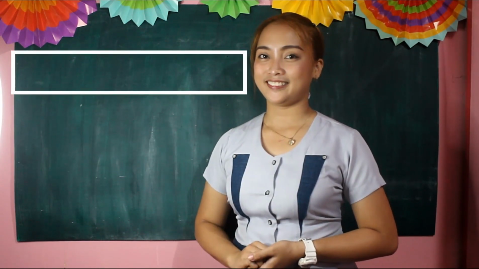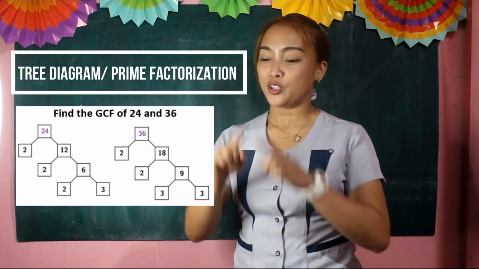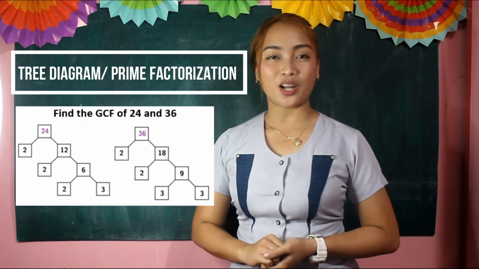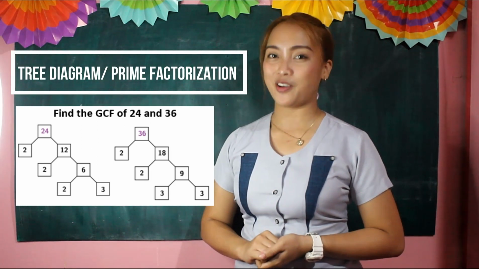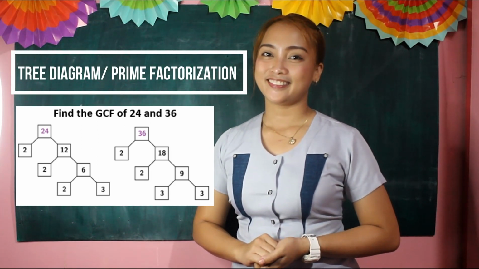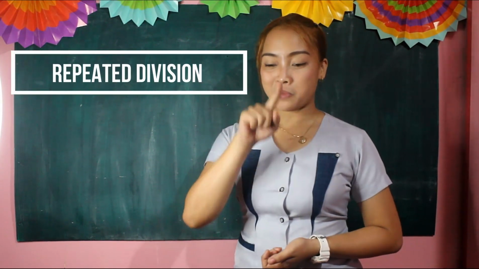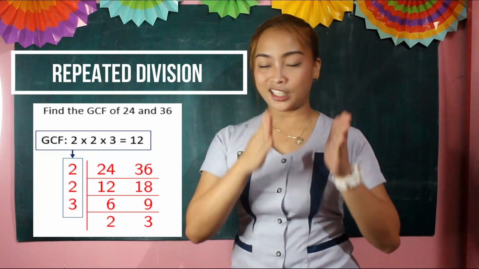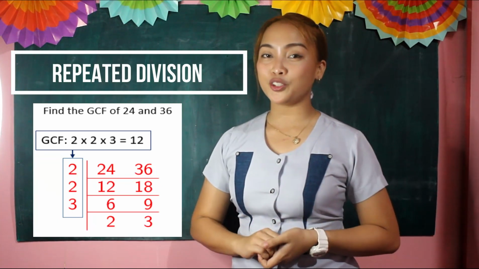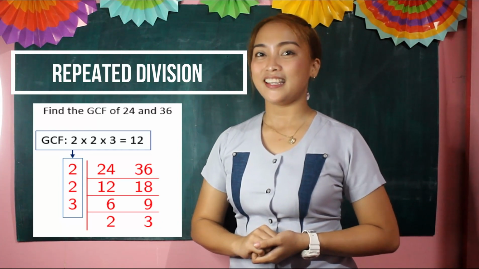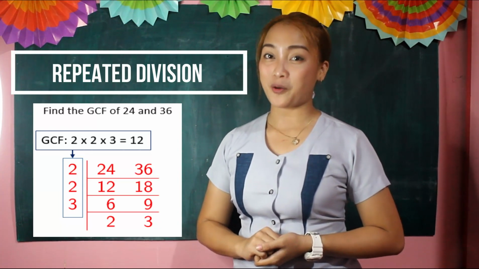Second, yung tree diagram, yung maraming sanga-sanga na mga prime factors ng dalawa o higit pang given numbers. Pangatlo, we have that repeated division. Yung may mga pa-box-box, and then sa gilid ng box na yun, nandun yung lahat ng pwedeng divisor and prime divisors ng ating given numbers.